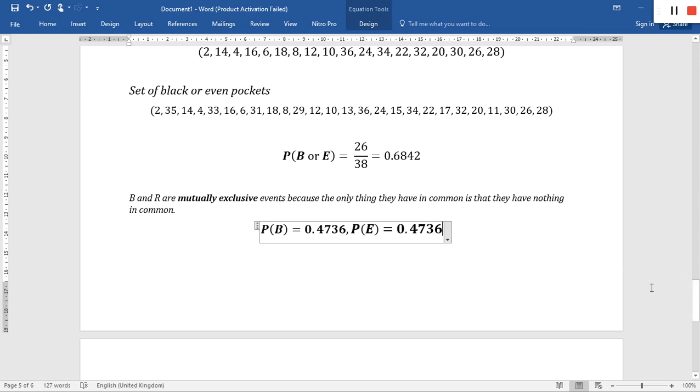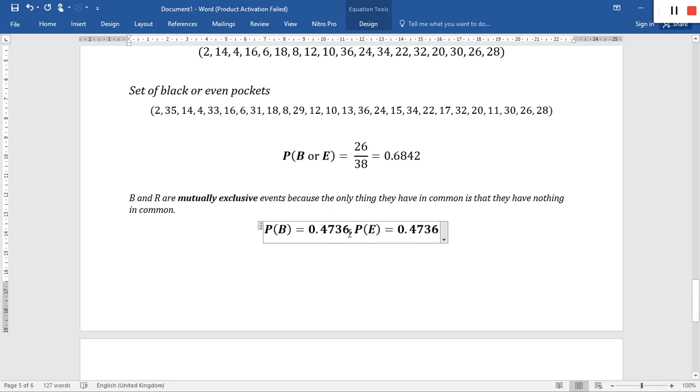So if you add the two together, how do I put this? If you add the two together, it's like you are getting a probability of having some outcomes occurring twice when they should occur once.